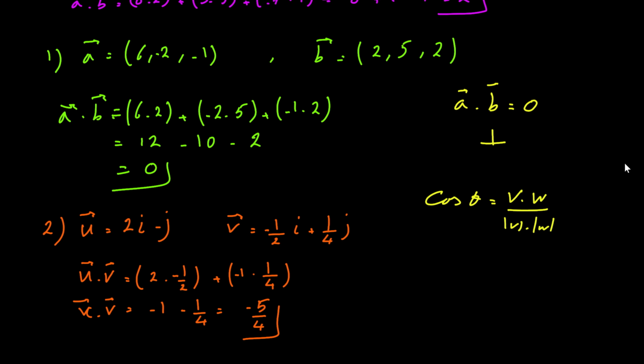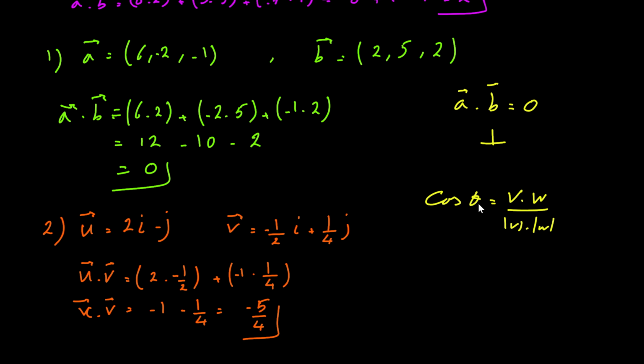Now, the other properties. It says that when they are parallel, so if the angle between the two vectors is 0 or 180 degrees, that is going to give us the parallel vectors. So how do we know that they are going to be parallel?